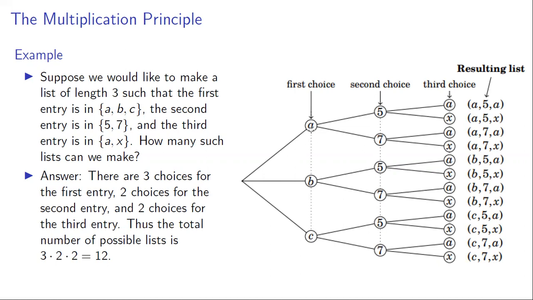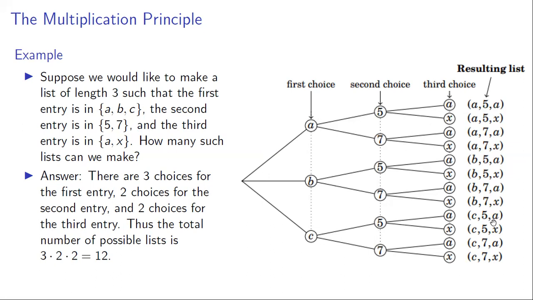We want to make a list of length 3, so the first entry has to be either A, B, or C. So we have 3 choices here for the first choice. Then for each of those 3 choices, we have 2 choices for the second entry. Or the second entry is either 5 or 7. And then for each of those options, we have 2 choices for the third choice, either A or X.